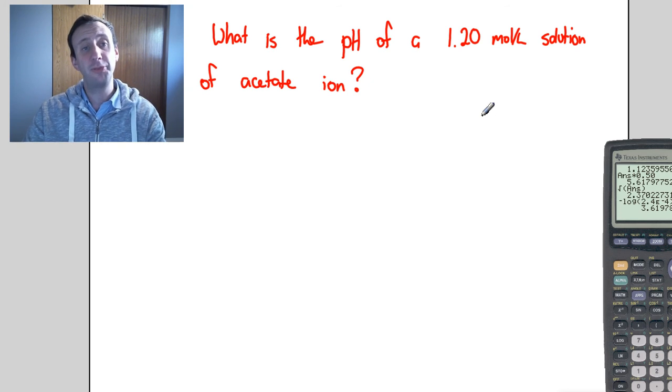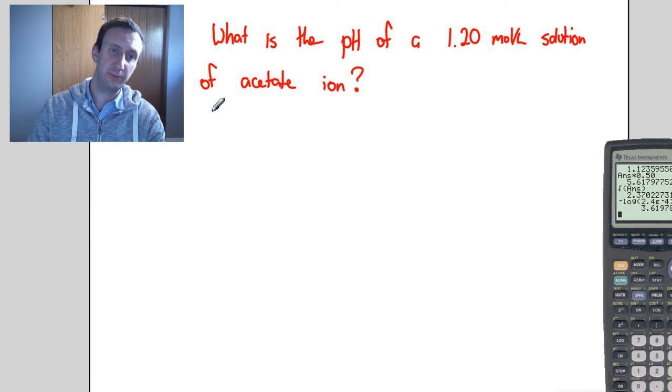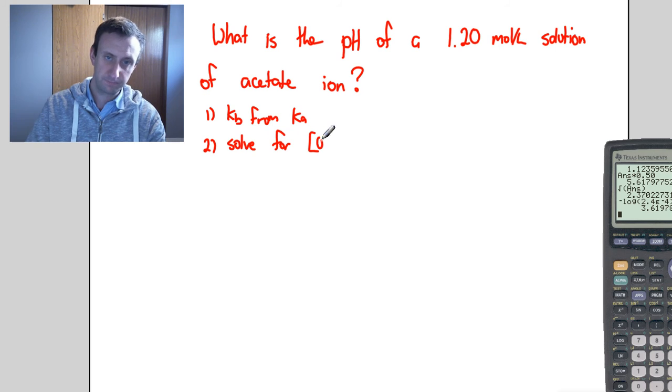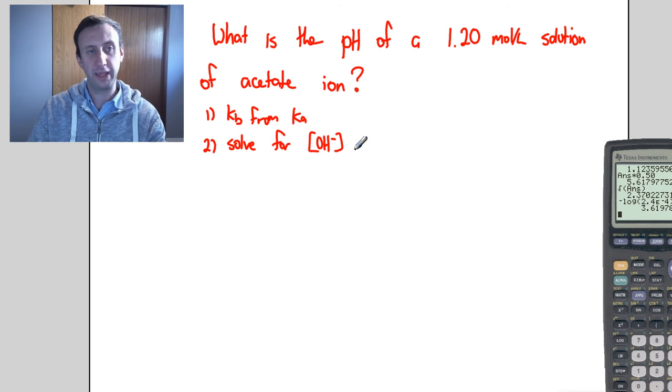Okay, so let's talk about the roadmap for this because this is quite an involved question. What we're going to have to do in terms of steps is find a Kb from Ka. Then we're going to have to find hydroxide, using my Kb expression.